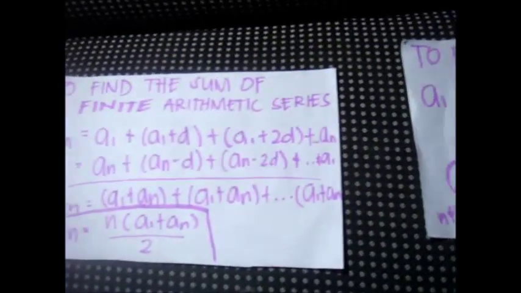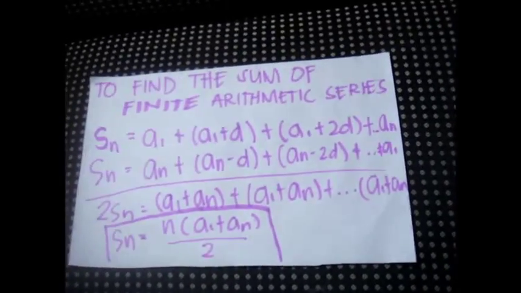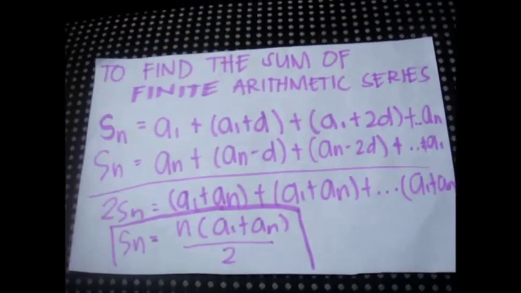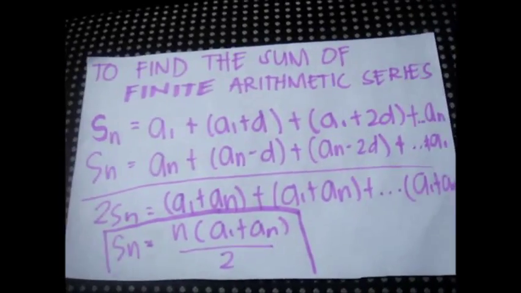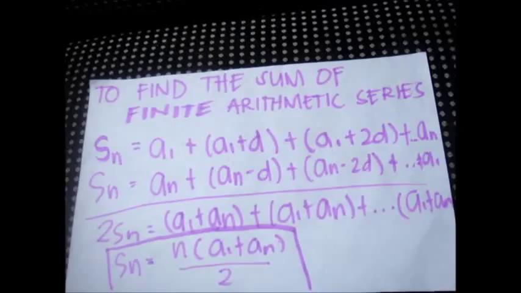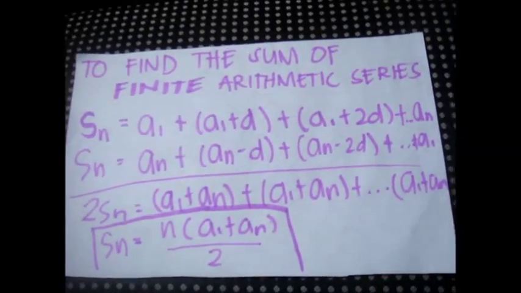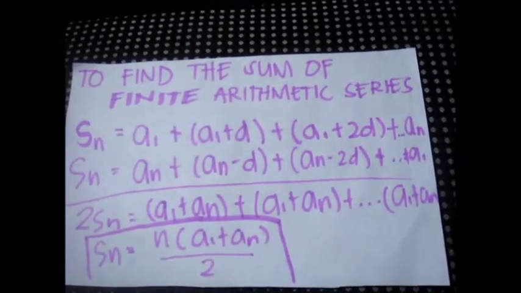Next, to find the sum of a finite arithmetic series, we need to use the equation s sub n is equal to n times a sub 1 plus a sub n all over 2, where s sub n is the sum, n is the number of terms, a sub 1 as the first term, and a sub n as the last term.